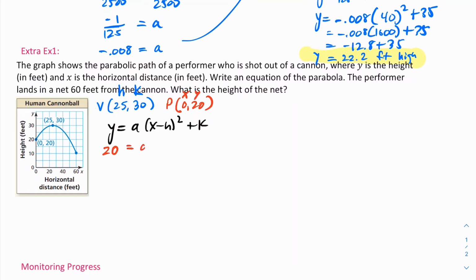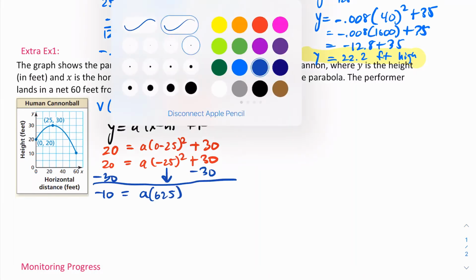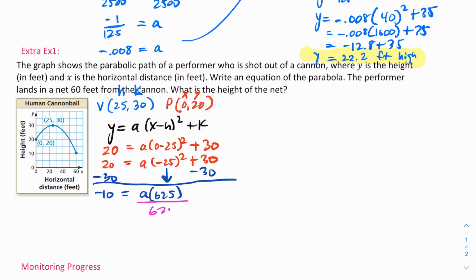All right, so we have 20 equals a times 0 minus 25 squared plus 30. So 20 equals a times negative 25 squared plus 30. We'll subtract 30. Negative 10 is equal to a times 625, squaring that. And then you'll divide both sides by 625.